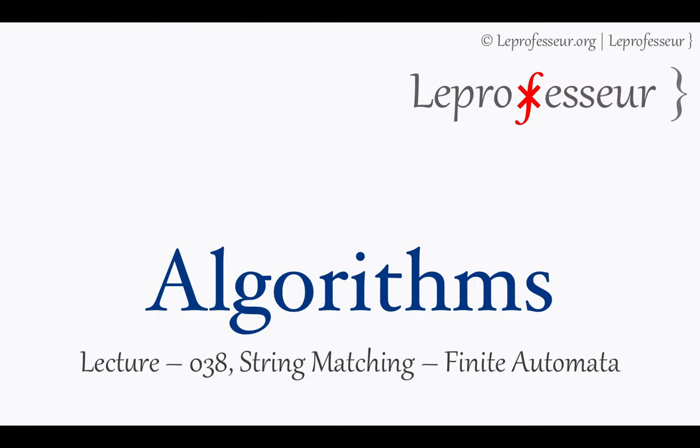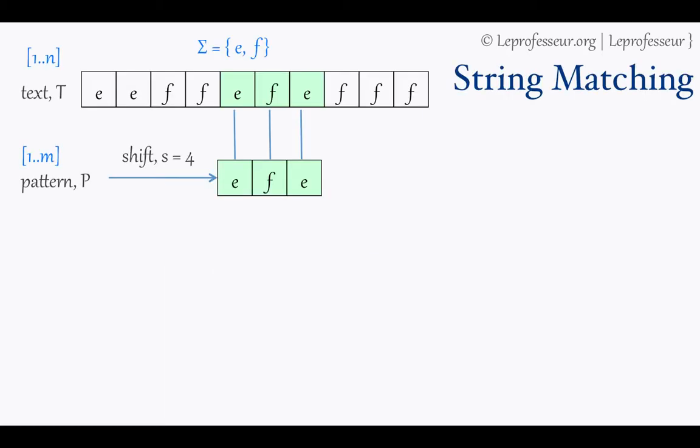Hello everyone, welcome back. In this lecture, we're going to be discussing an interesting type of algorithm for string matching. In the previous lecture, we discussed the string matching problem and a naive string matching algorithm.